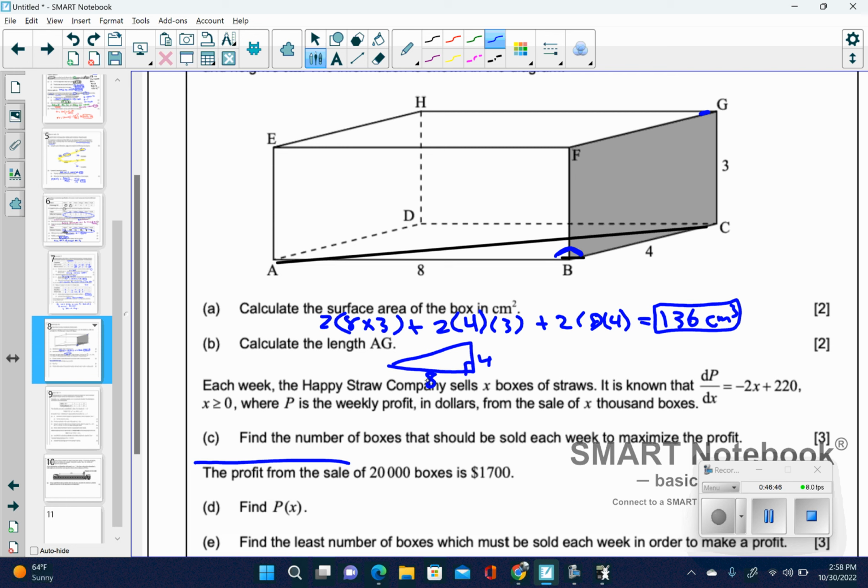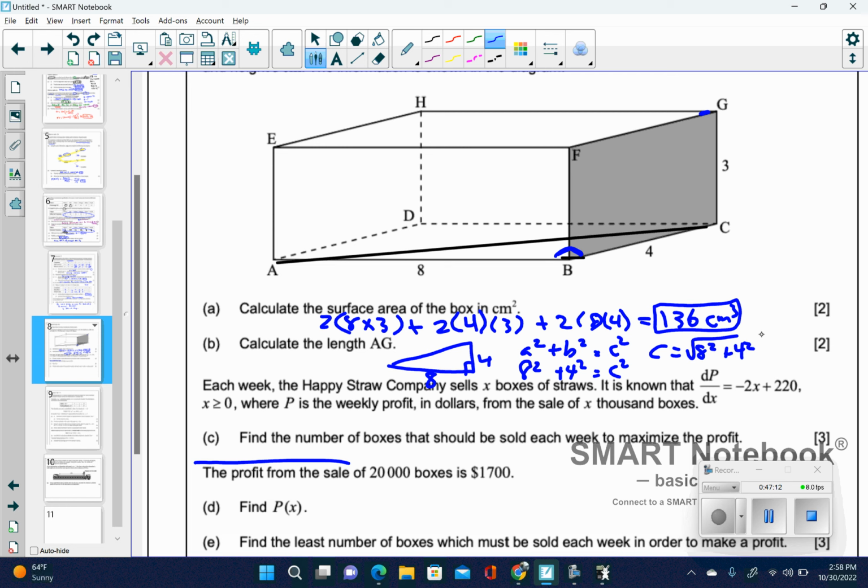So 8 squared plus 4 squared, and then we have to take the square root of that. So remember, Pythagorean theorem is a squared plus b squared is equal to c squared. So 8 squared plus 4 squared is equal to c squared, but we want c, which is AC, that length. So c is going to equal the square root of 8 squared plus 4 squared.